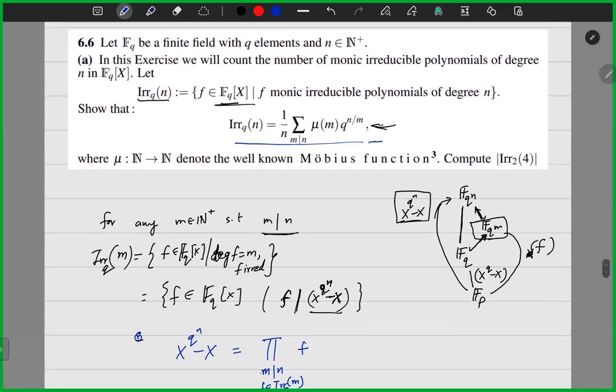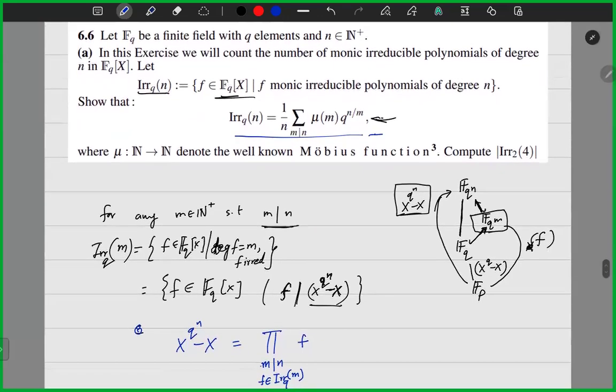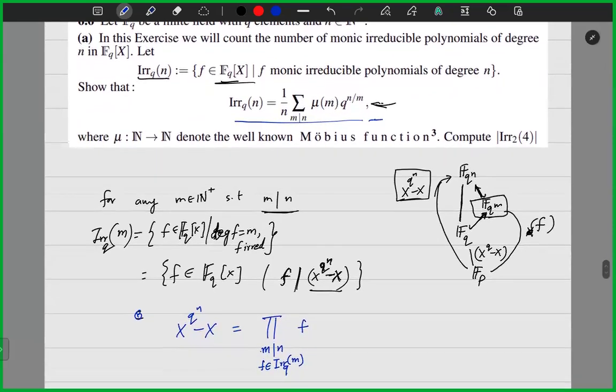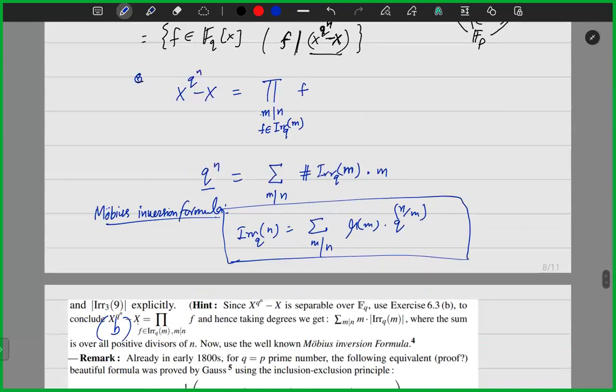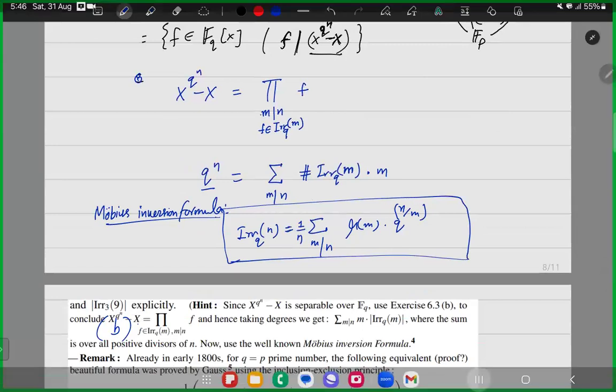Oh, the Mobius inversion formula. We should get 1 by n here. Is that so? Let me check.